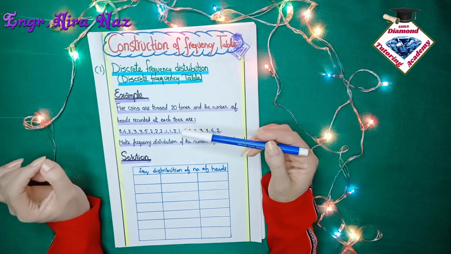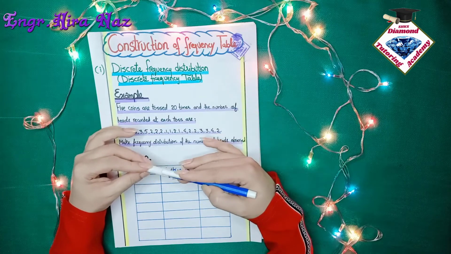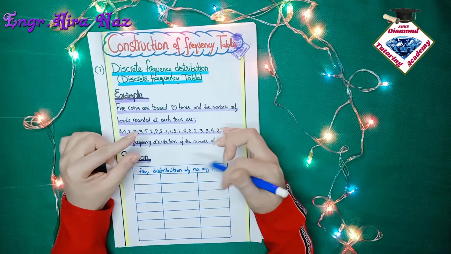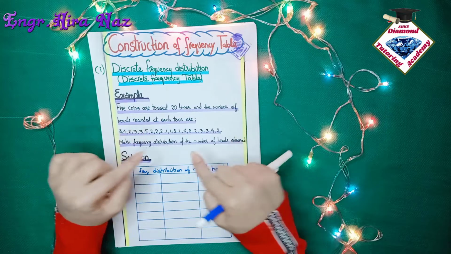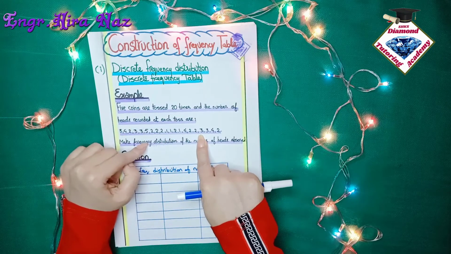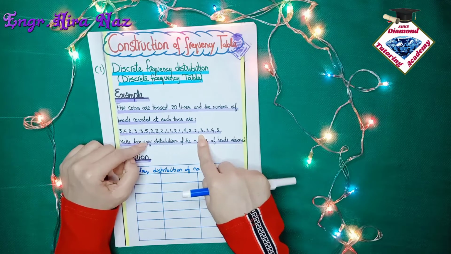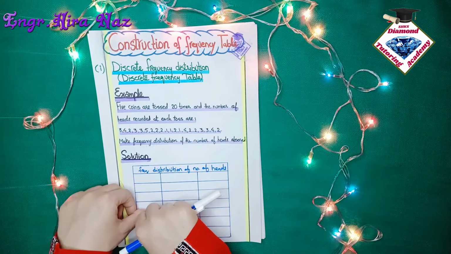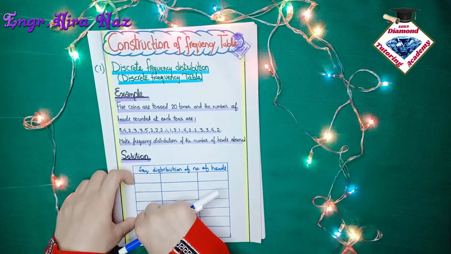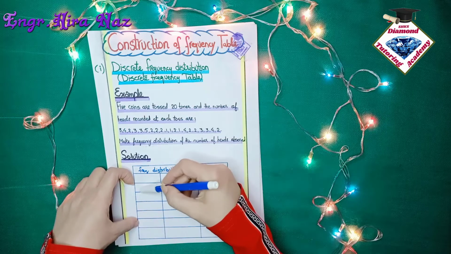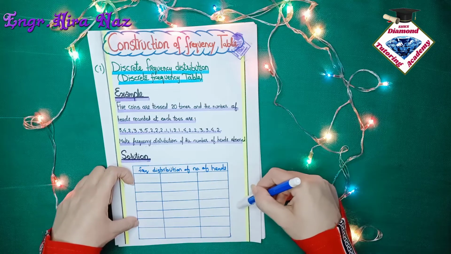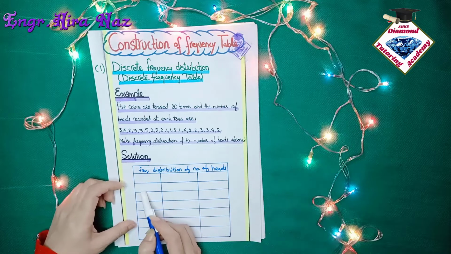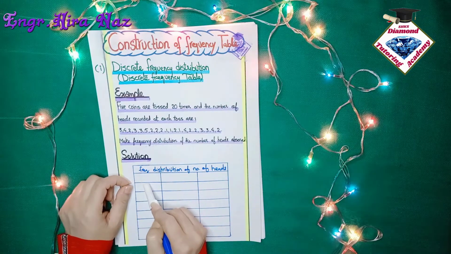With the help of this example, we will learn how to construct frequency table for discrete values. Understand? So our first step is to find the minimum value and the maximum value from the given data, and to write the values of a variable in the variable column from minimum to maximum, like in ascending order. Understand? So let's name the columns first and then put the values. So our first column is for variables.